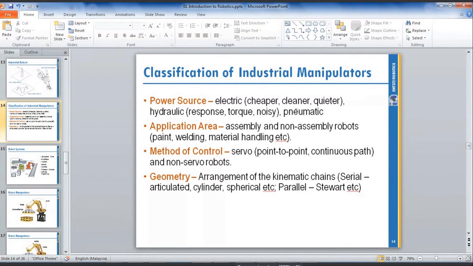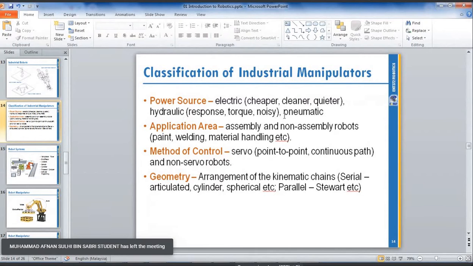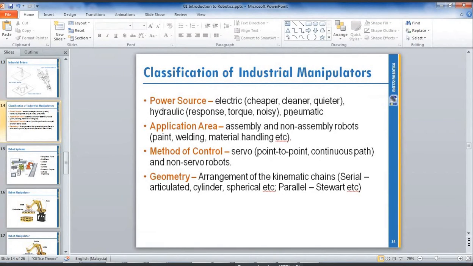Pneumatic is fast compared to hydraulic, noisy, but sometimes we use it a lot. We also use it in our semiconductor production in clean rooms, because it's a clean system, but it only has noise. Noise can be filtered.